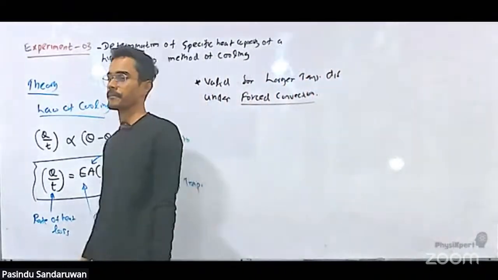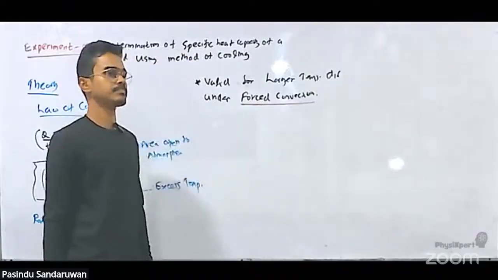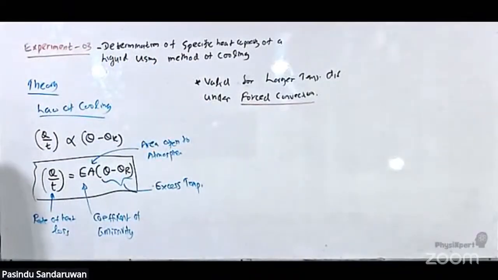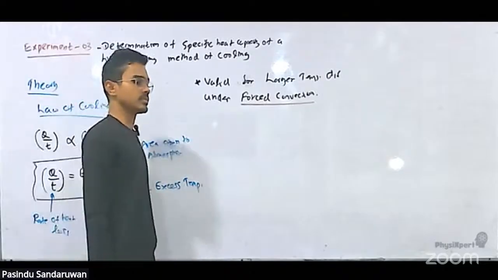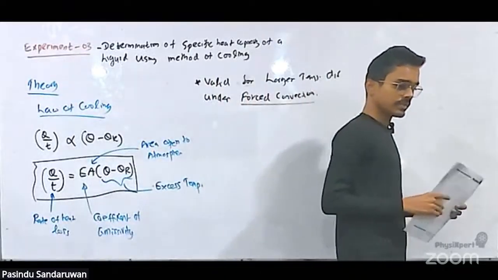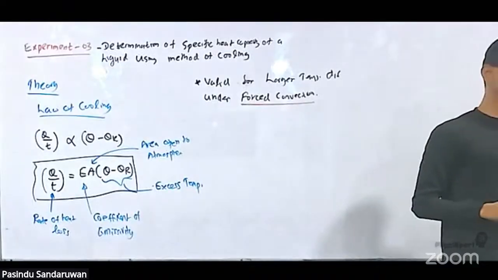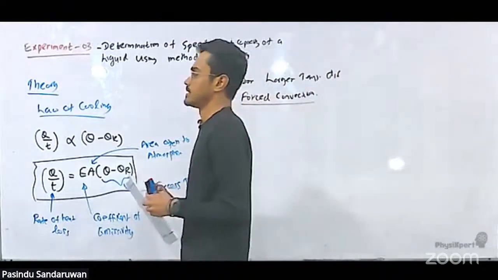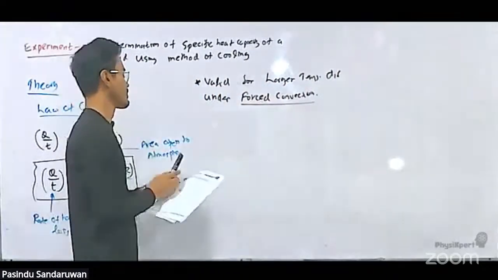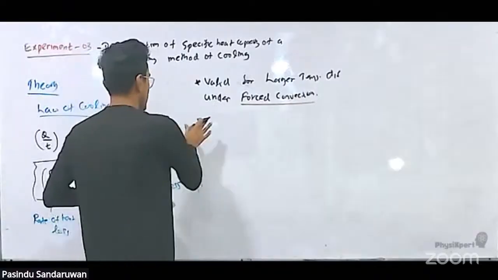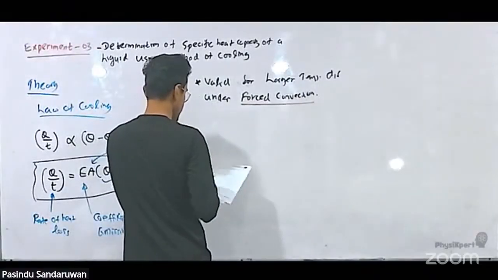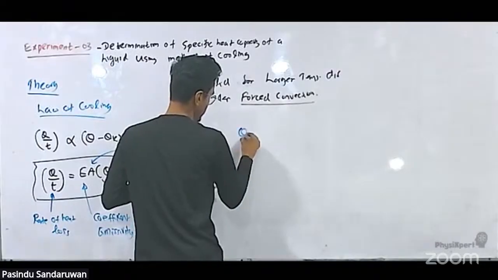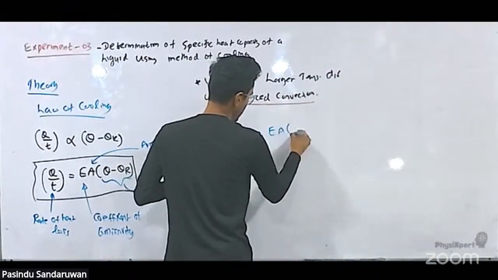Now, rate of heat loss depends on: Q over t depends on E, A, theta minus theta r.